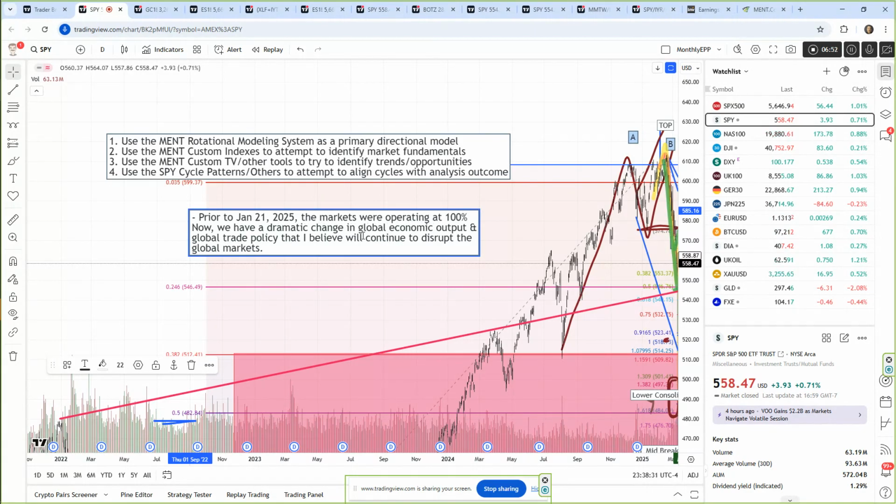And again, I believe this new change in how the global economy is potentially going to work and how it's going to play out over the next 4, 5, 6 months presents a wide volatility range, where traders need to prepare for, let's just call it, extreme price rotation volatility.